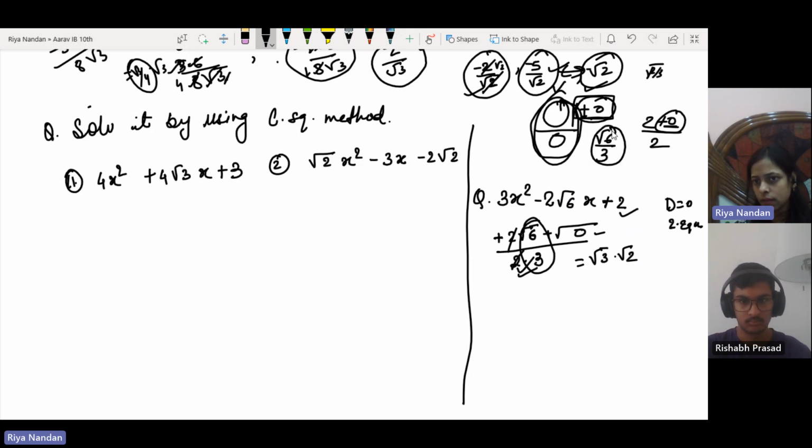Whenever we solve this, 6 we can write as root 3 into root 2, and the denominator would be root 3 into root 3, 3. Cancel it out. So the answer becomes root 2 upon 3. Clear?